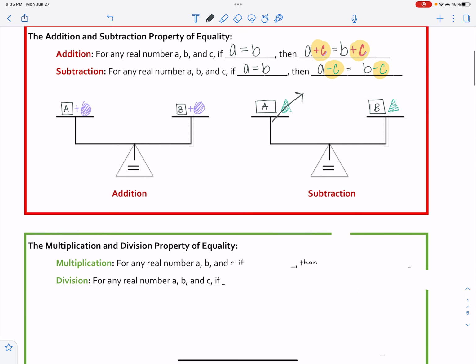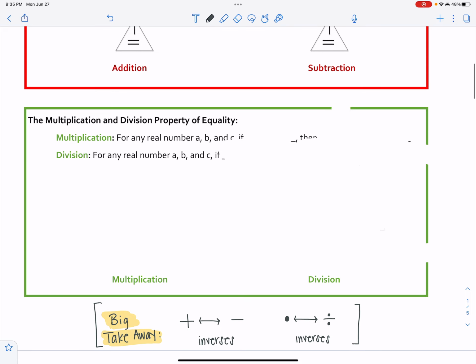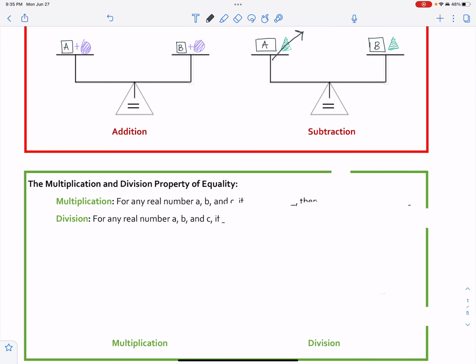Our second properties of equality are going to be multiplication and division. So with multiplication, the same is going to be true, that if a equals b, then a times c equals b times c. So again, what we did was we just multiplied both sides by c. The key is to multiply both sides.